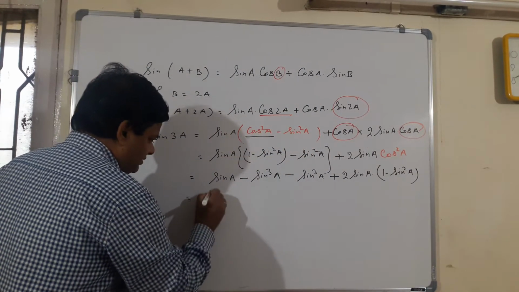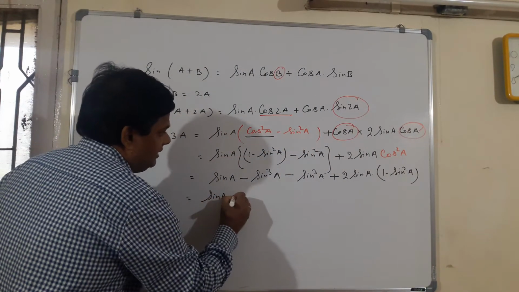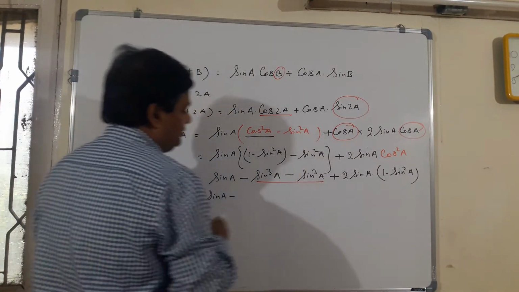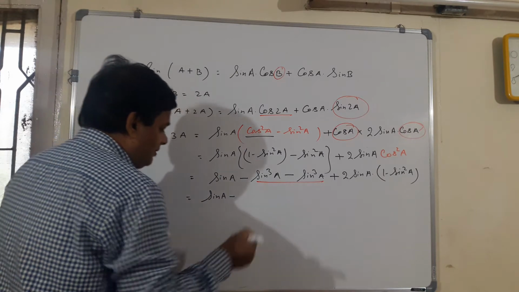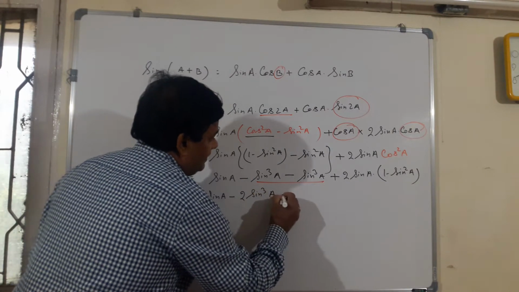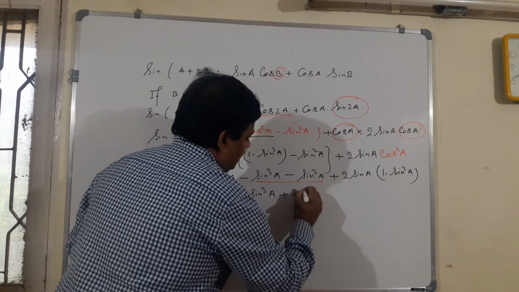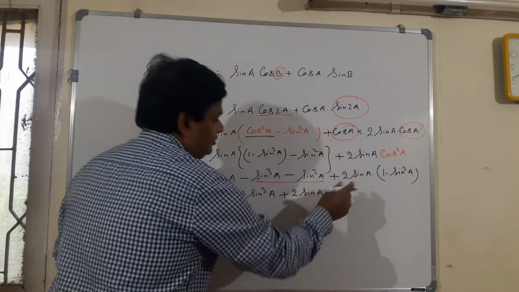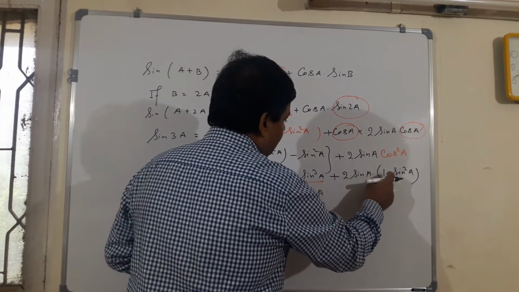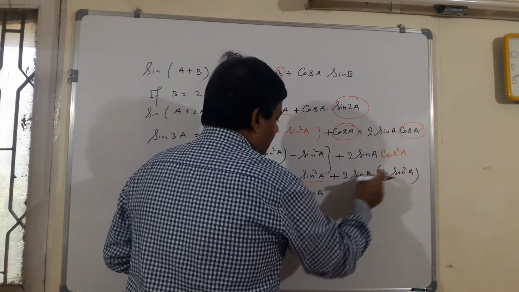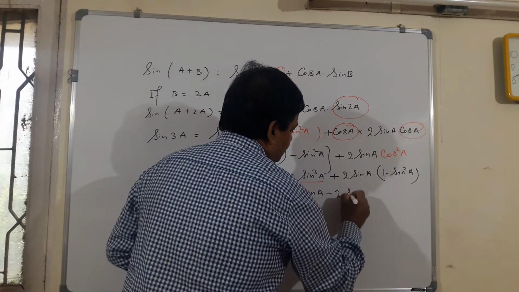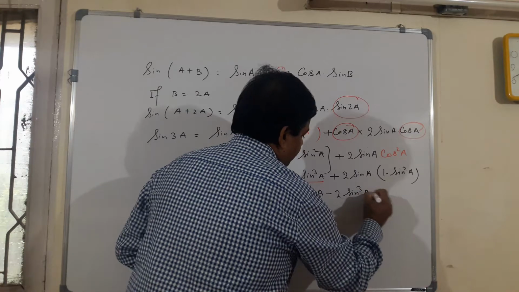So this is equal to sin a minus sin cube a, minus sin cube a, that is minus 2 sin cube a, plus 2 sin a into 1, so 2 sin a, and 2 sin a multiplied by minus sin square a, so minus 2 sin cube a.